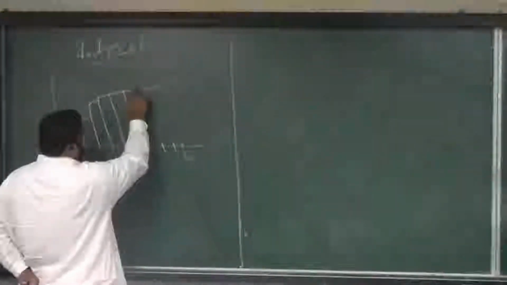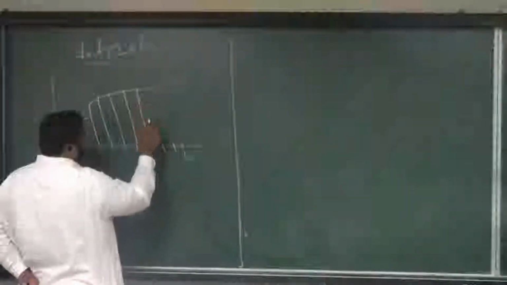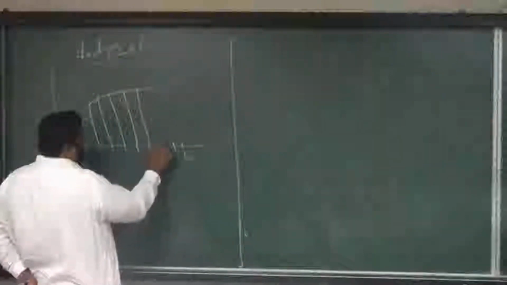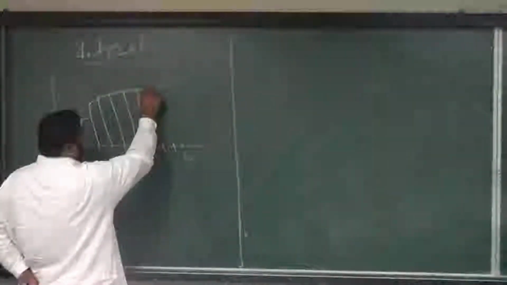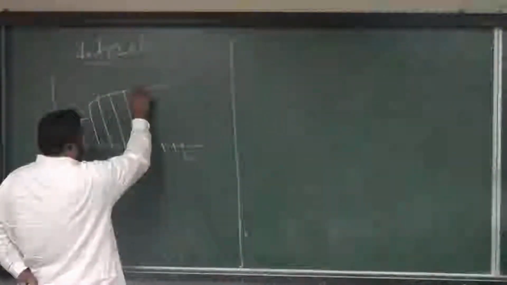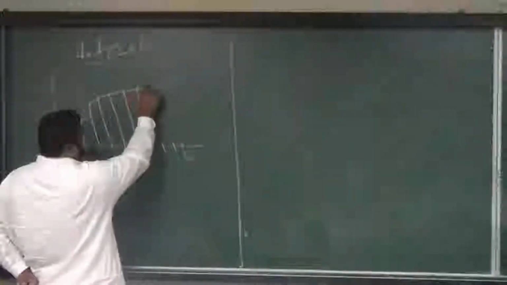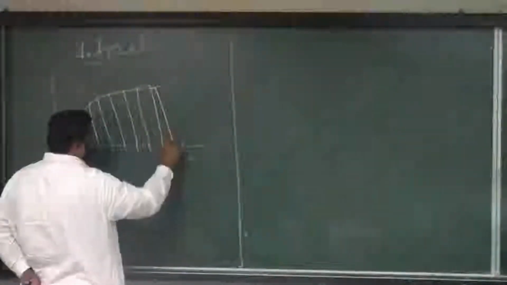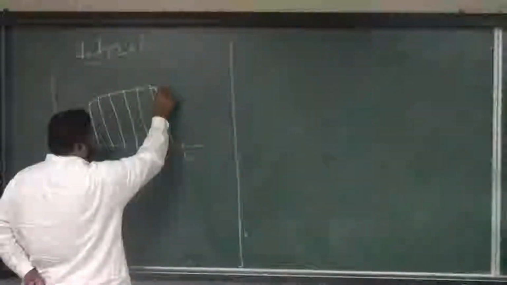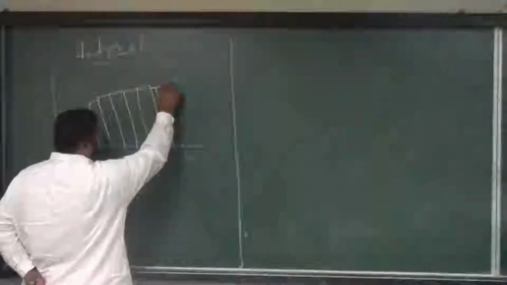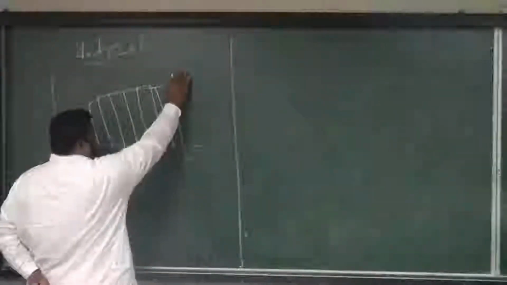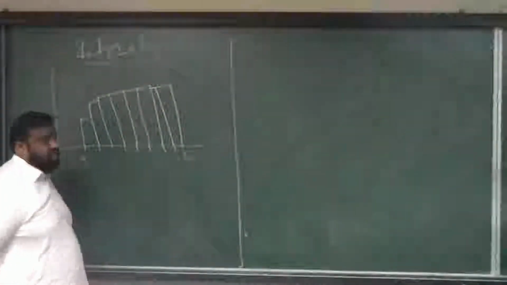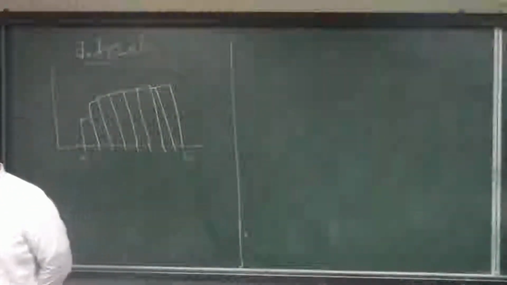Take this kind of point, draw a rectangle. This kind of point, this kind of point, draw a rectangle. This kind of point, and so on and so on. That's what we do.